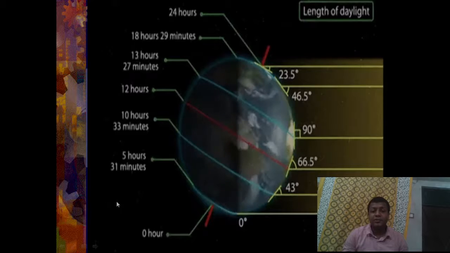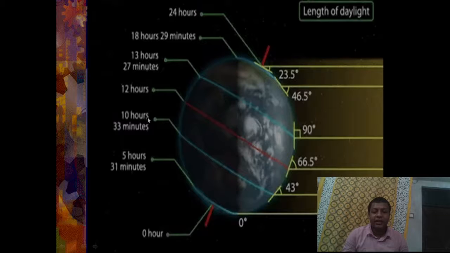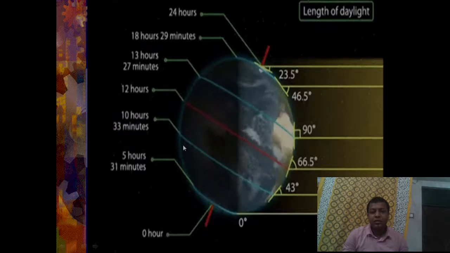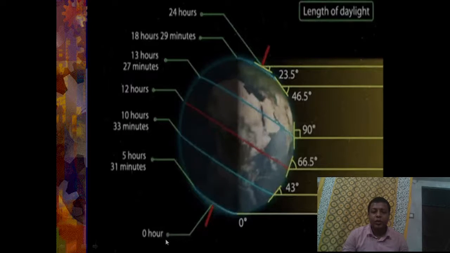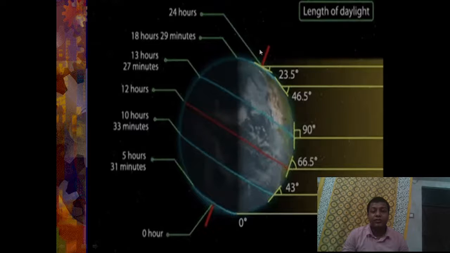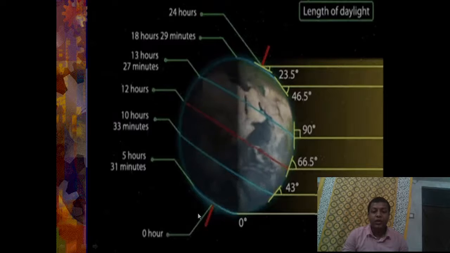In the southern hemisphere, the length of the day decreases as you go towards the pole. Here is 0 hours and here is 24 hours, that means 24 hours of daylight here and no daylight there.